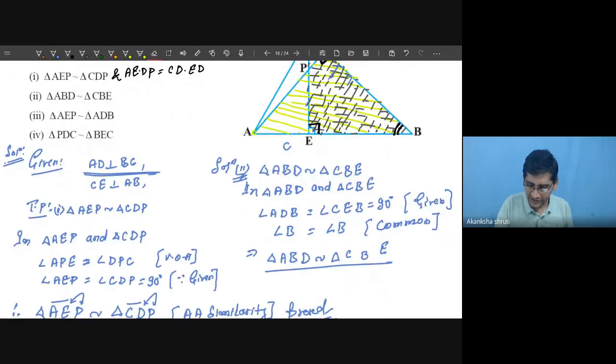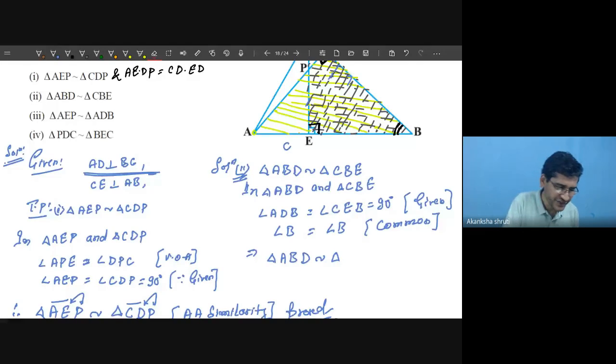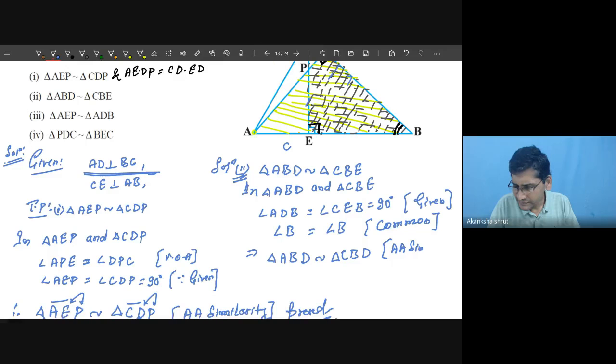But while you are practicing at home, you should practice more by writing this as CBD. So CBD. While getting this, I can write the ratios. So this implies, what is the cause for the similarity? AA similarity. By the similarity, what can we write?